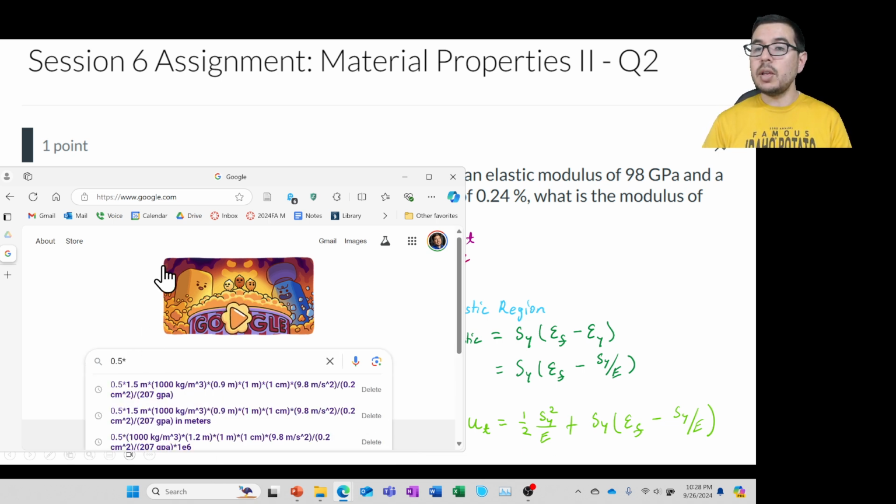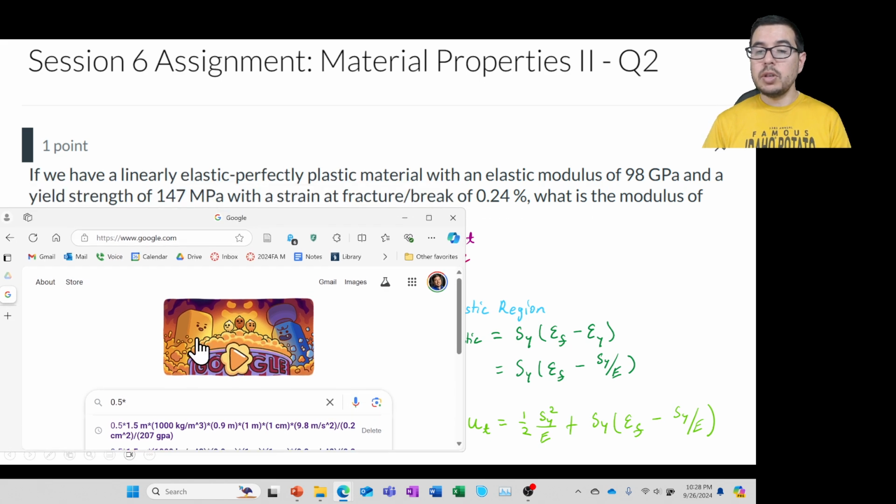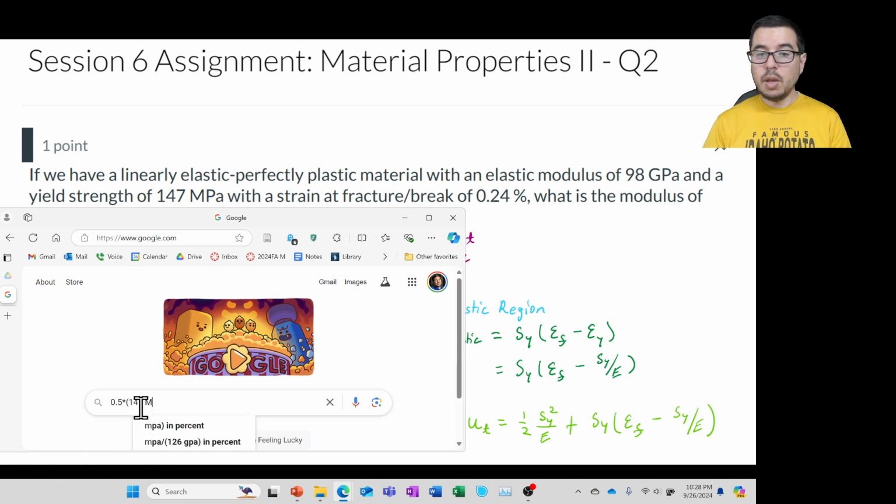The yield strength in this problem was given as 147 megapascals. So we do 147 in parentheses megapascals squared divided by the elastic modulus, which is given as 98 gigapascals.